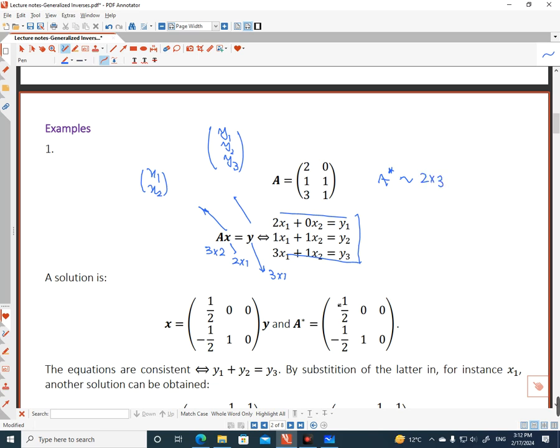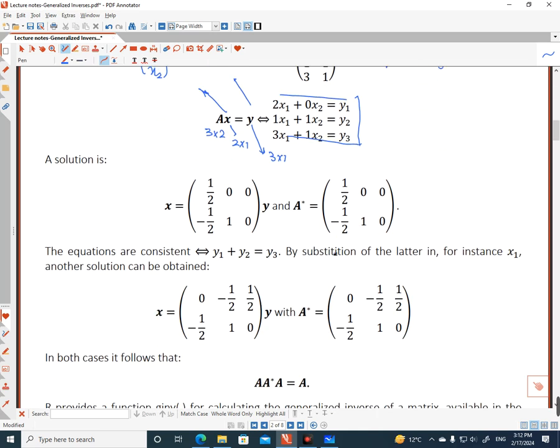So it happens here, 2 by 3, and it's easy to solve this equation by hand, so I don't go through the details. You can easily pre-multiply both equalities with some numbers, then they vanish each other, and you can easily get the results.